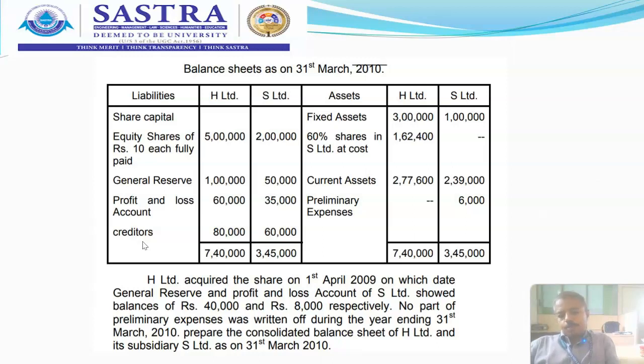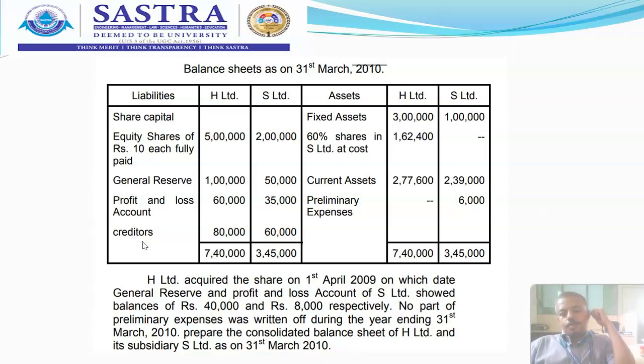No, because this 35,000 is the accumulated profit of S Limited. Now we need to find out what would be the revenue profit generated during this year, that means after the acquisition of the business. After acquisition of the business, that is important.